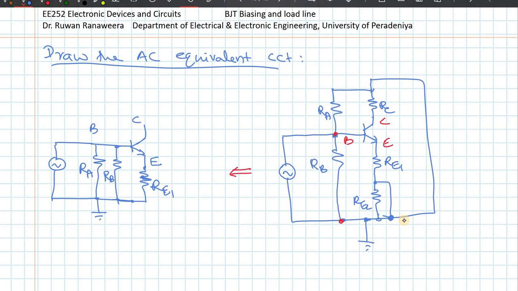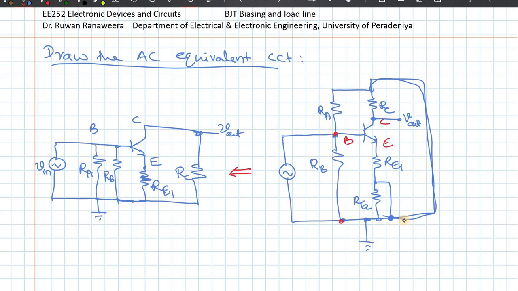C is again connected between the collector and ground. Okay, so therefore what you have here is RC here. And where do you see the voltage? At V out. Okay, so this is my V out collector. So this is my AC circuit, this is my V in. That happens to be my AC equivalent circuit.